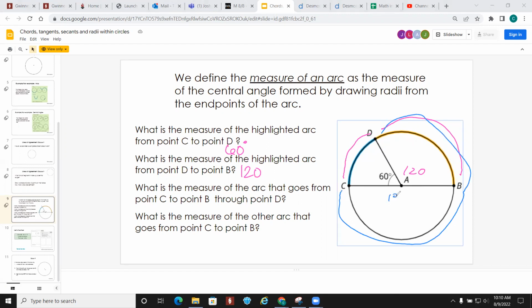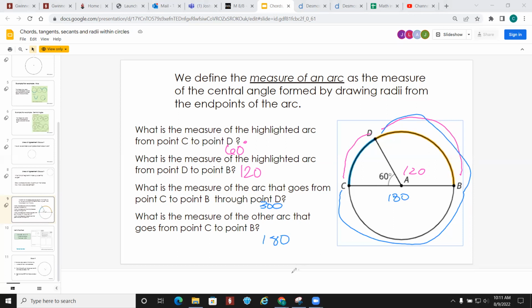So we would do 180 plus 120. Or you could take 360 degrees, how big a circle is, minus this 60. That's how I probably would have done it. What is the measure of the other arc that goes from C to B? 180. Still 180 because that's half.